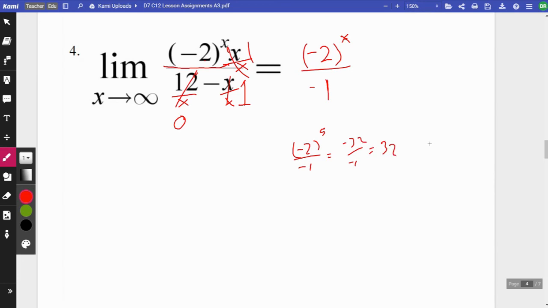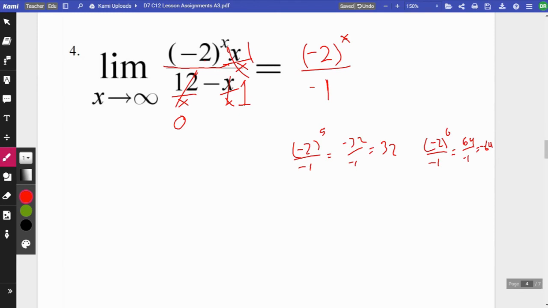If I plug in the very next number, 6, -2 to the 6th over -1. That's 64 over -1, which is -64. So we can see what's happening. Every sequential number that we plug in, we get the opposite sign. So positive 32, -64. The next one would be positive 128.